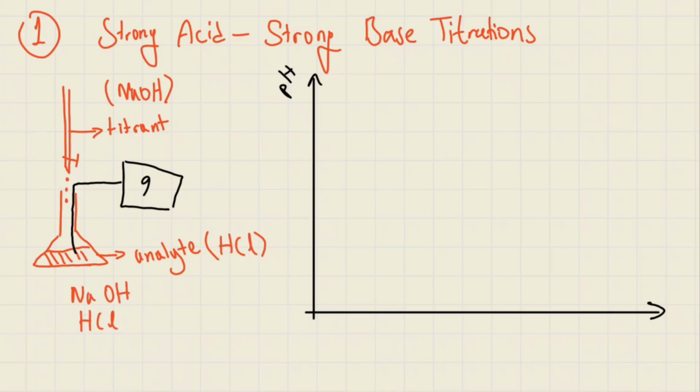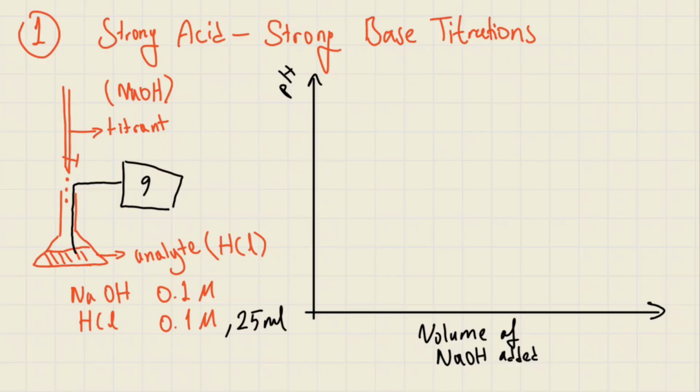So for instance, in this case, let's say sodium hydroxide is 0.1 molar and the HCl is 0.1 molar also. If you make the titration, at the beginning, for instance, the HCl is 25 milliliter, and the x-axis represents the volume of the sodium hydroxide added, and the unit is milliliter.